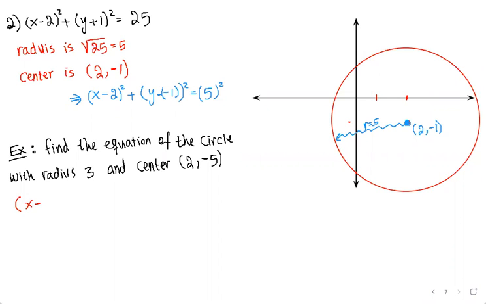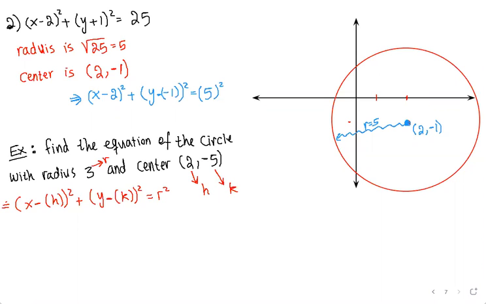Can you give me the equation? It's (x minus h) squared plus (y minus k) squared equals radius squared. This is h, this is k, this is r.